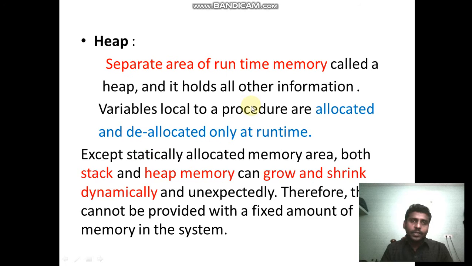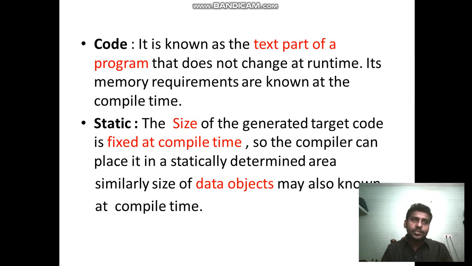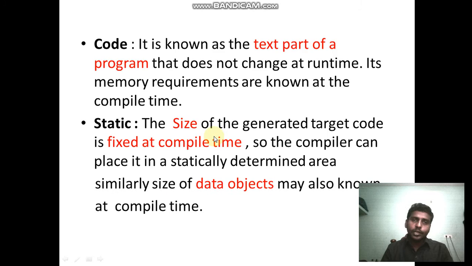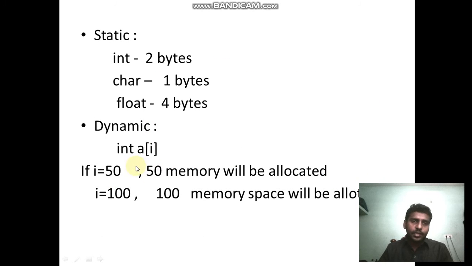And then we come to the stack area as well as the heap area. The stack area and heap area are dynamic memory space allocation. That is, this memory is allocated during runtime. I will tell you one example. See, int a[i]. The value of i is known only during runtime. It is not a compile time memory allocation.